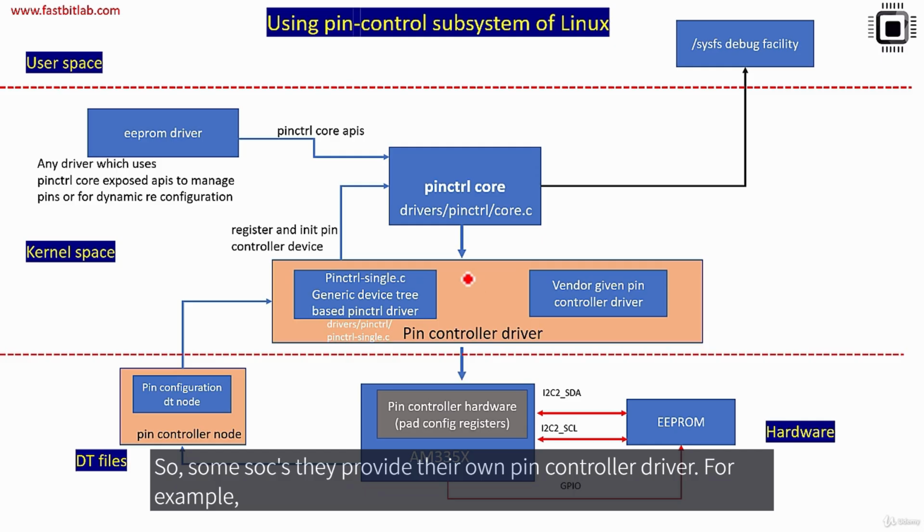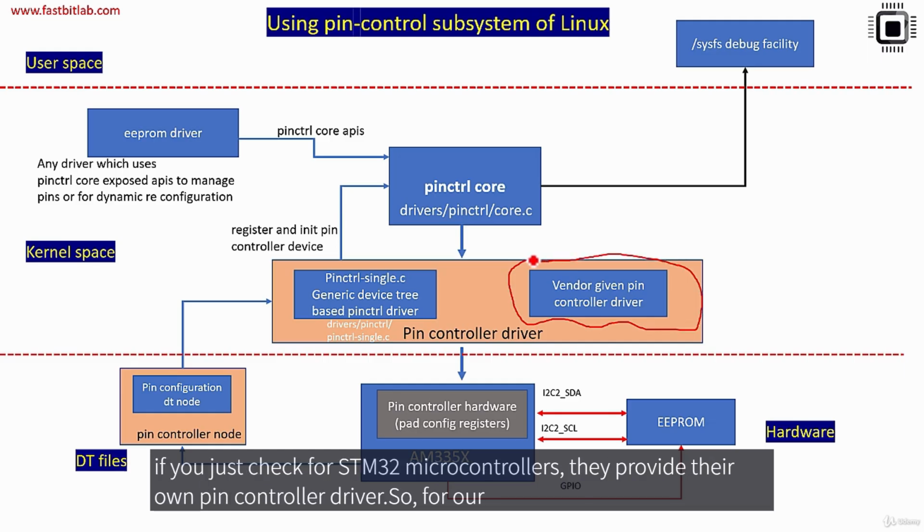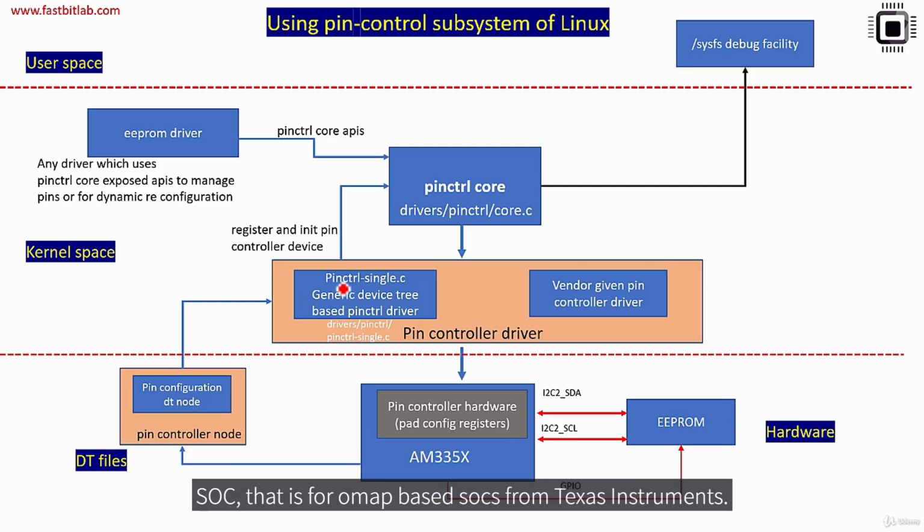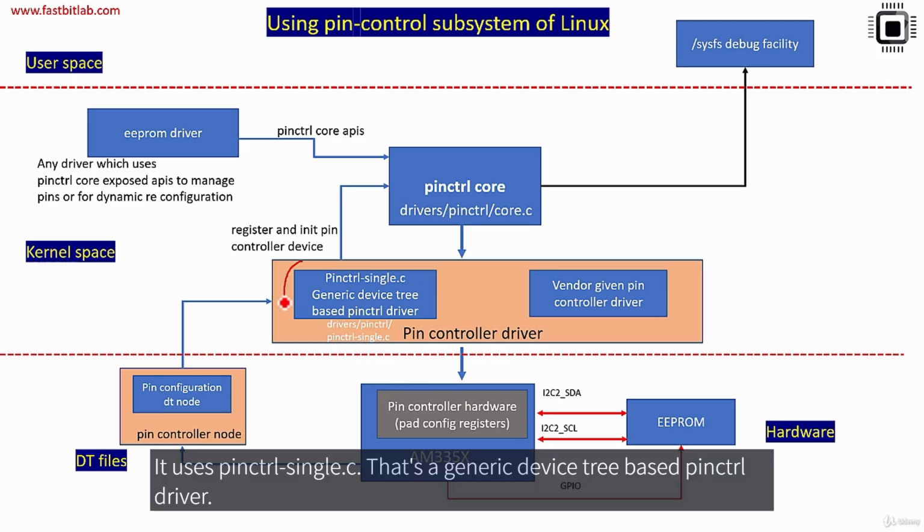Some SoCs provide their own pin controller driver. For example, STM32 microcontrollers provide their own pin controller driver. For our SoC, that is for OMAP based SoCs from Texas Instruments, it uses pinctrl-single.c. That's a generic device tree based pin controller driver.